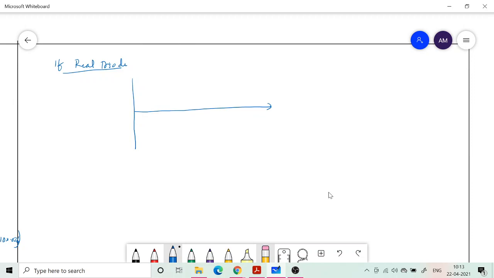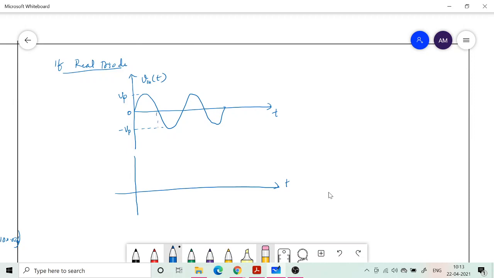Again, let me redraw the input. This is Vp, maybe like 10 volt or something like that, so this will be minus 10. This is T, this is my V in of T, and just below that I would like to draw.